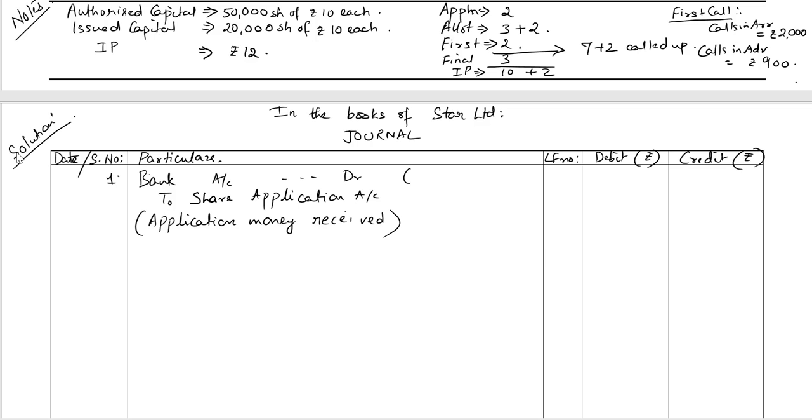Amount received on 20,000 shares at rupees 2 per share comes up to 40,000 rupees.